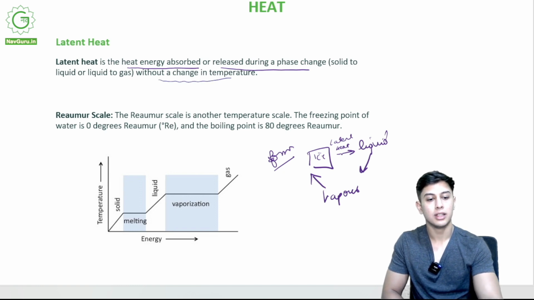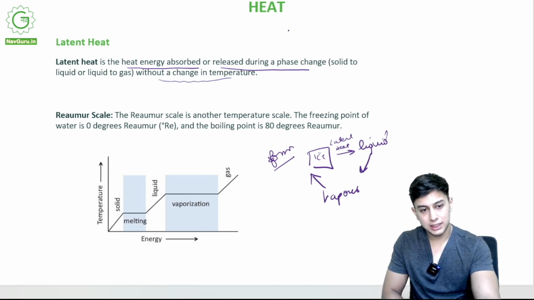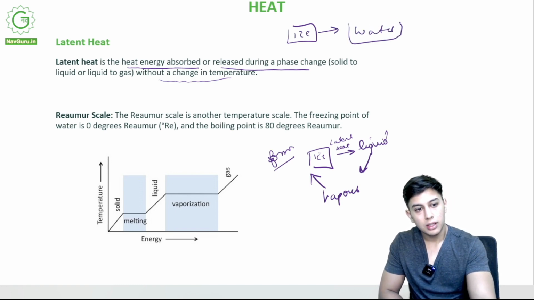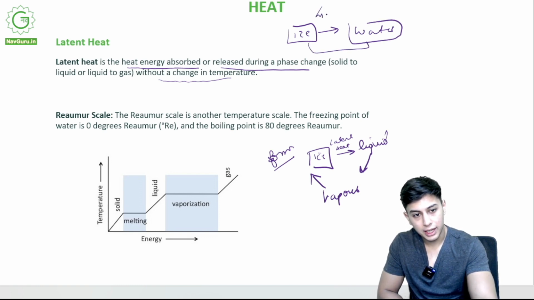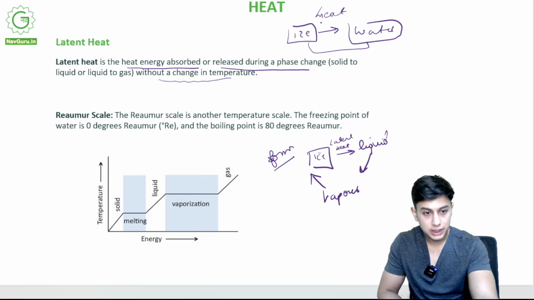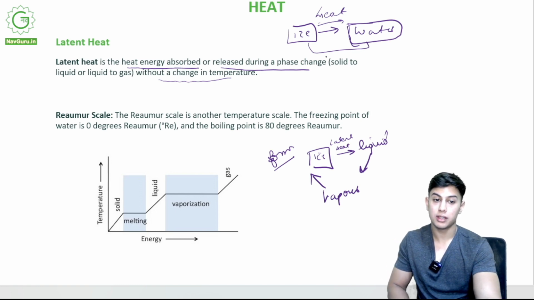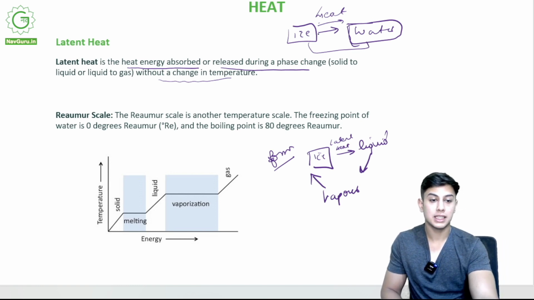in temperature. So if I change this ice to water, temperature is not changing. Only the amount of heat that I am giving it is sufficient so that this changes into this form. Temperature has not changed, remember. But it has changed forms.